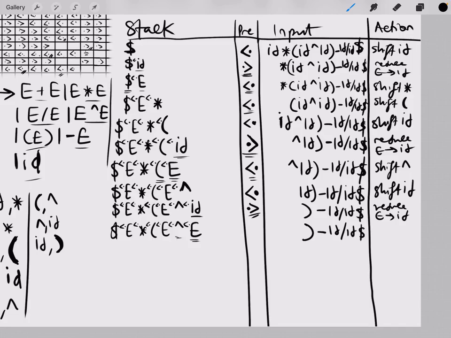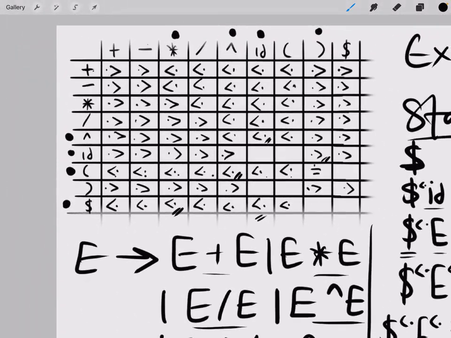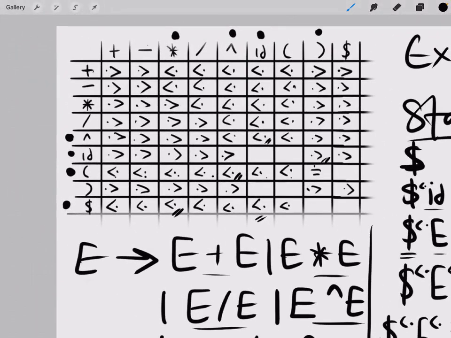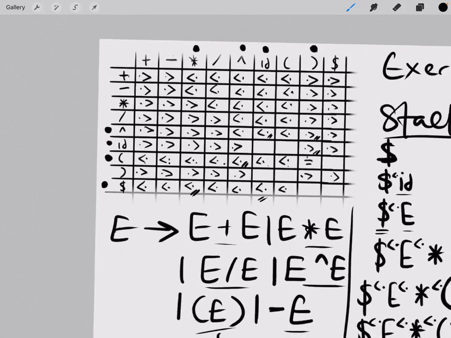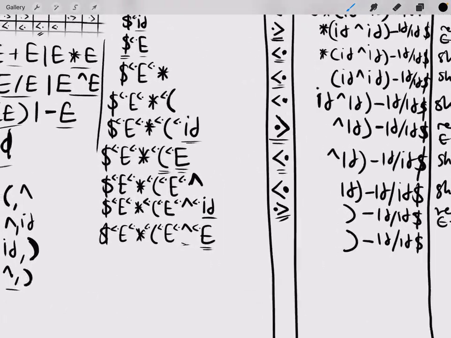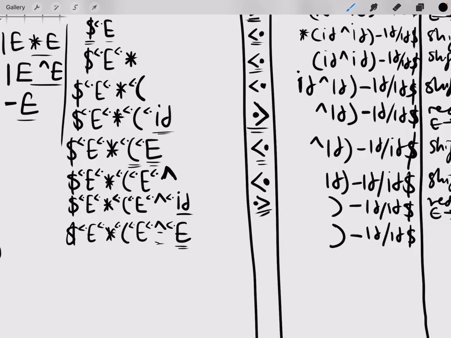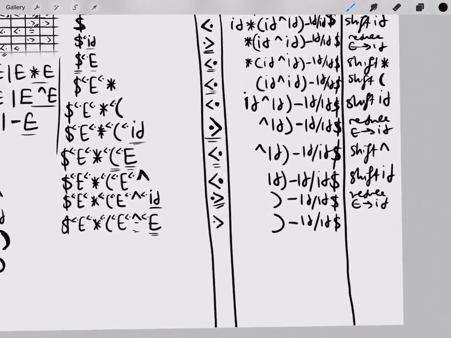So we have this versus this. When we check this versus this, it's taking precedence again. So this guy takes precedence over this, and because of that, you can reduce.